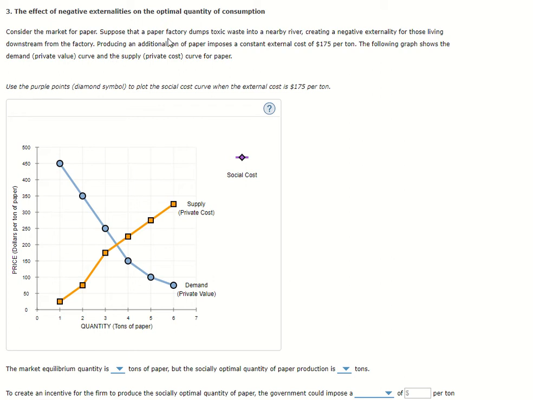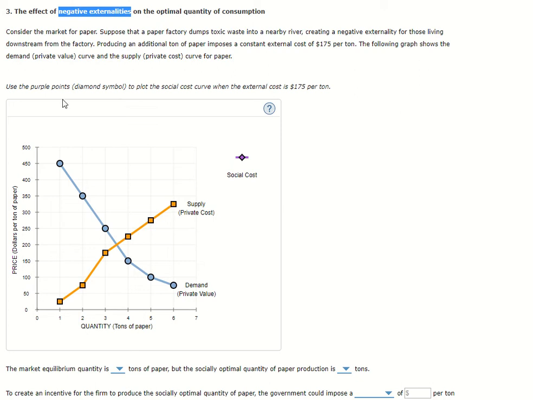All right, so whenever you're dealing with a negative externality, this is always something bad. Imagine any type of pollution, those will be negative externalities. So besides the consumer and the producer for paper, somebody else is also paying an additional cost whenever this paper transaction happens.